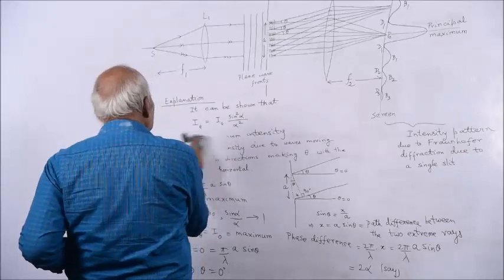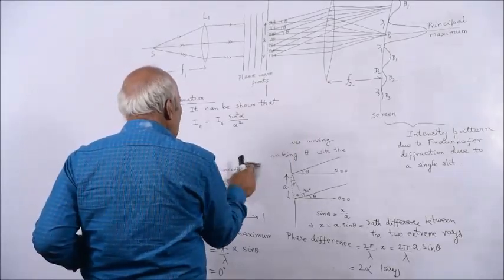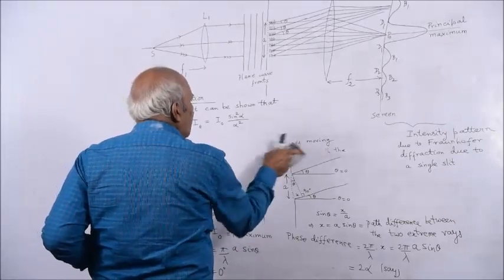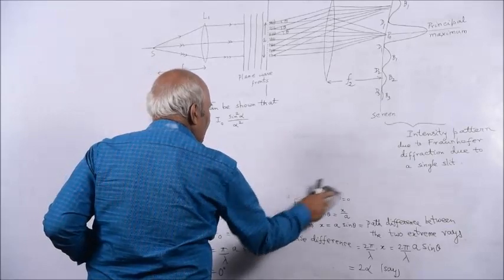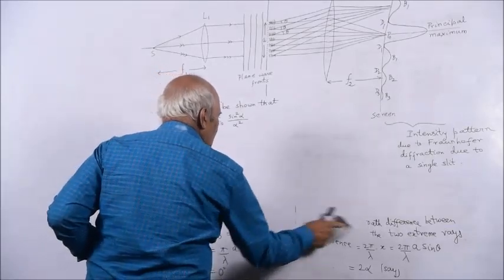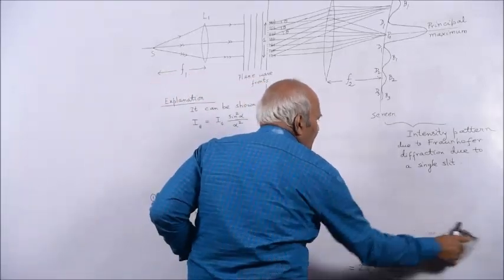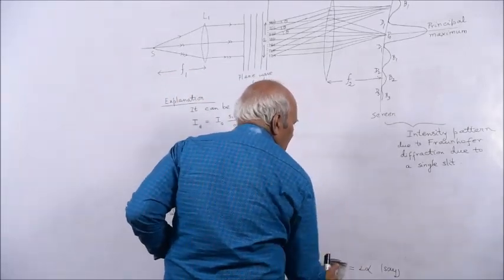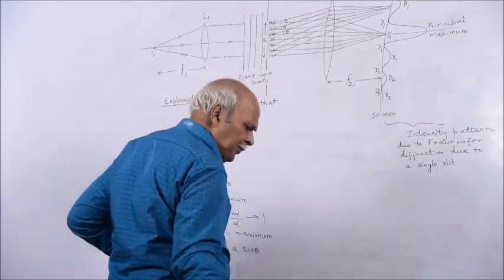Then we come to the minima. Minima means plural, many minima are present. Minima are dark points where intensity is 0. D1, D2, D3, etc. are present on either side of the principal maximum.